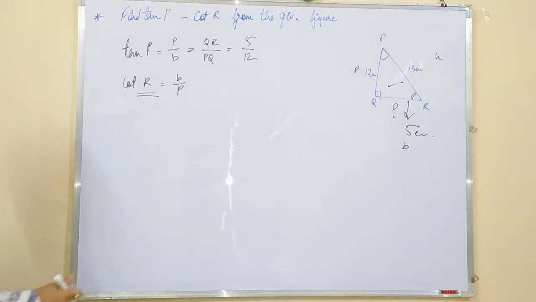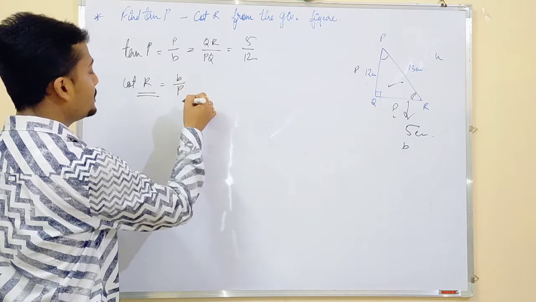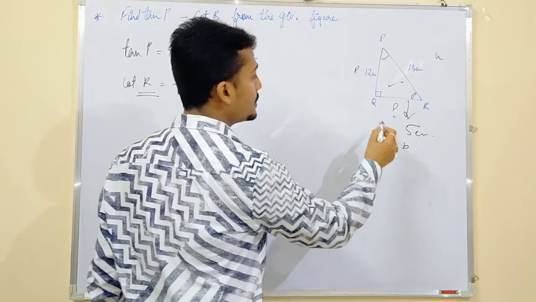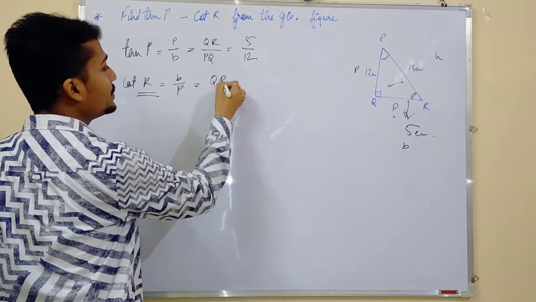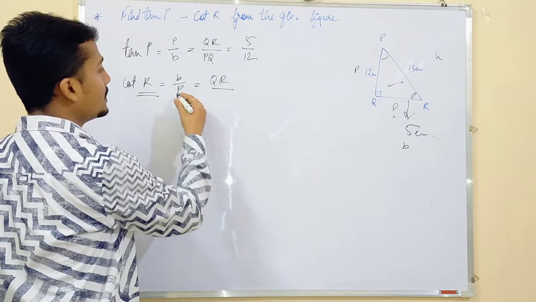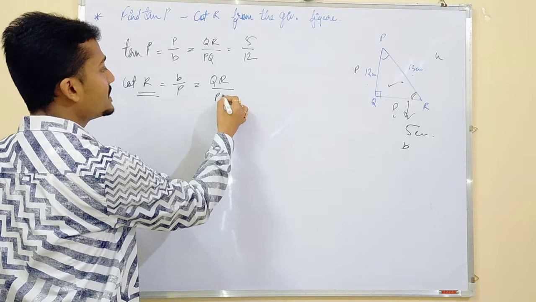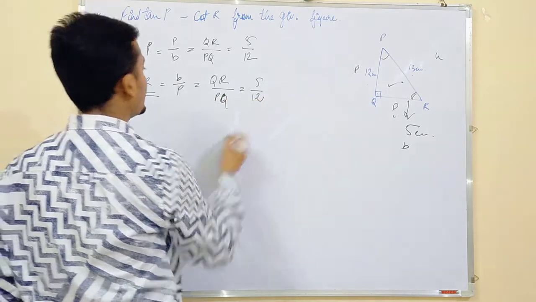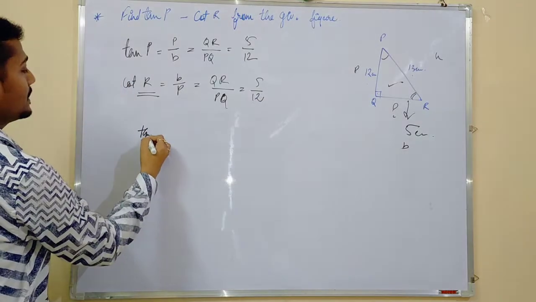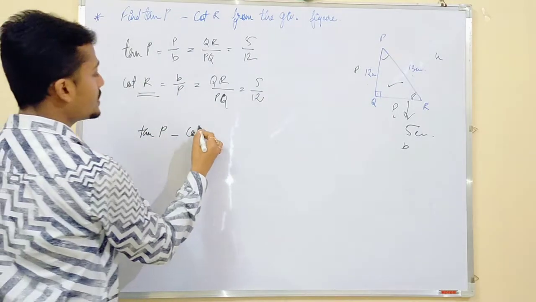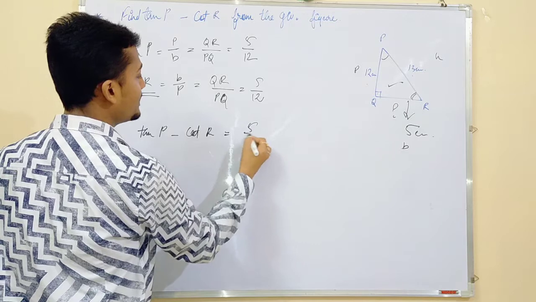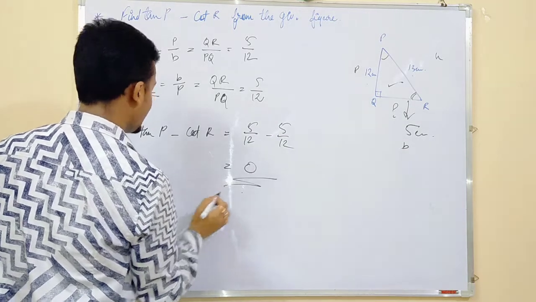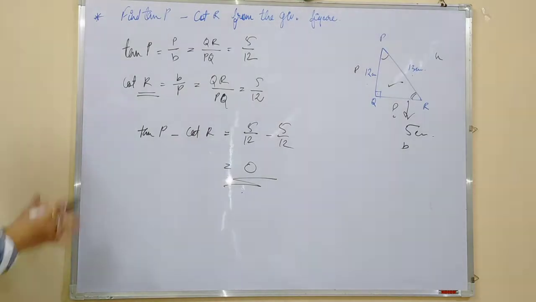So cot is equal to B by P, that we know. Now B here is QR and P is PQ, so it is 5 by 12. So tan P minus cot R is equal to 5 by 12 minus 5 by 12, which is equal to 0. Is that clear? Just see it carefully.